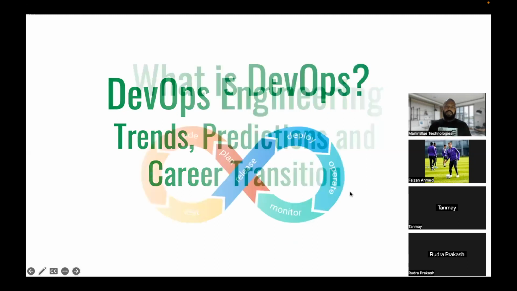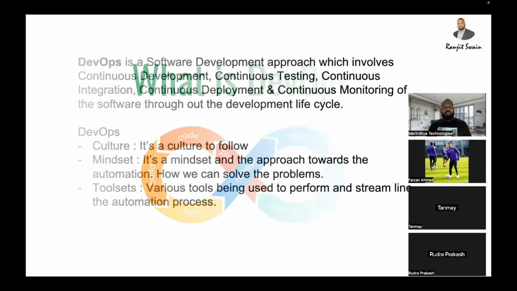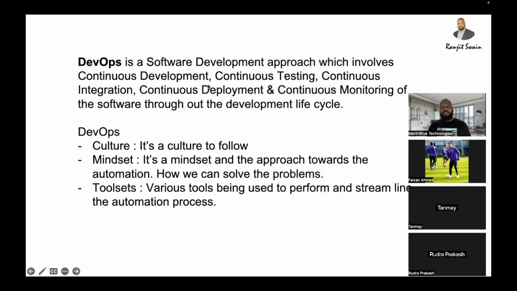First, let's learn what DevOps is. DevOps is a software development approach which involves continuous development, continuous testing, continuous integration, continuous deployment, and continuous monitoring.